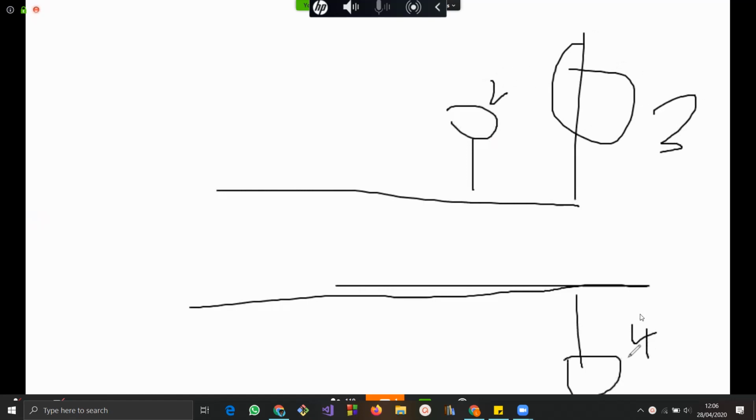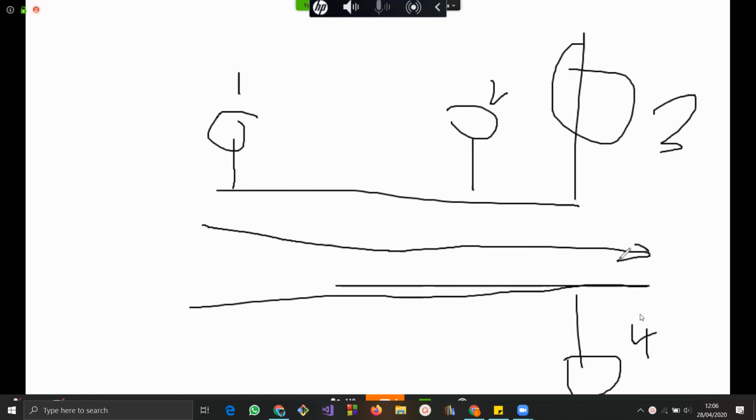Let's say node 1 wants to communicate to node 2. It will just broadcast. It will send that message on the bus. Since everything is connected to the bus, every node will get the same message. If this message is meant for node 2, then node 2 will react. The others will just discard the message.